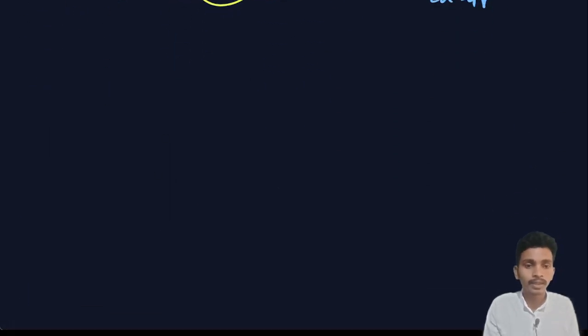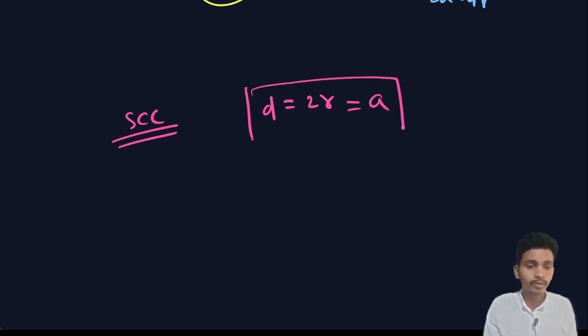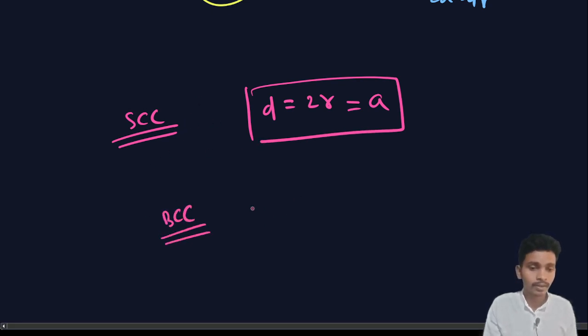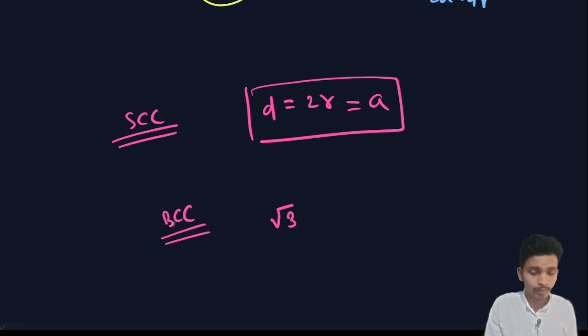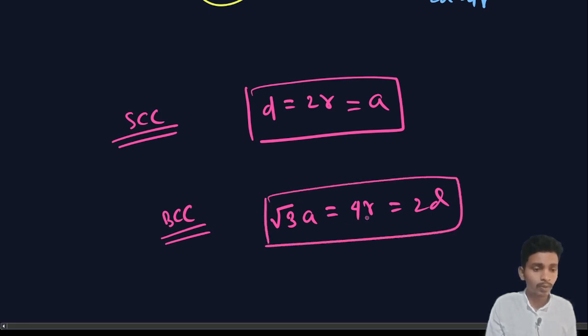So we will remember that for SCC, D is always equal to 2R equal to A. For BCC, meaning body center, the body diagonal root 3A equals 4R equals 2D.